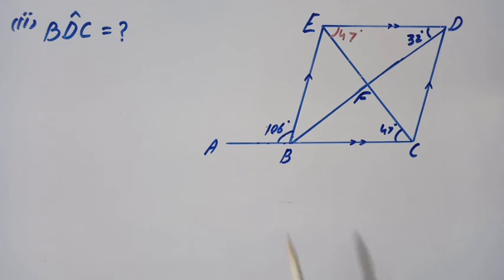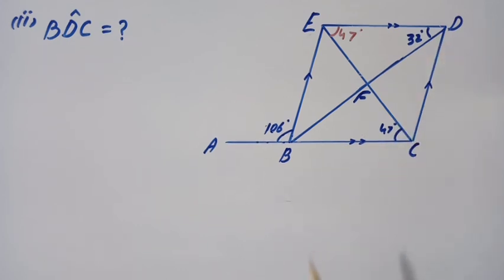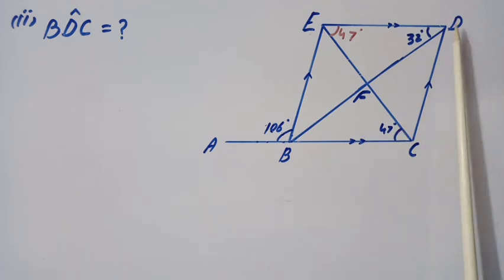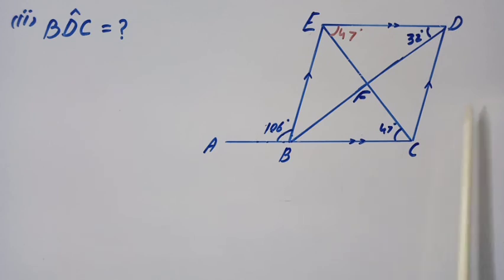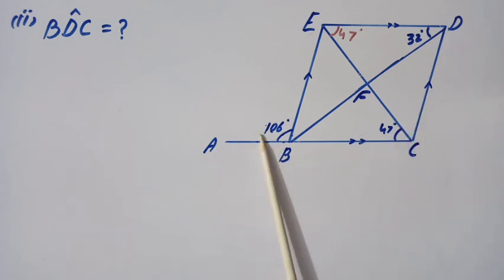Right? Now to solve for the second part, the angle BDC. To find out angle BDC at the point D, now we work out for it. For this angle BDC we will consider the triangle BCD. In this triangle, the angle at the point C, BCD, is of 106 degrees.